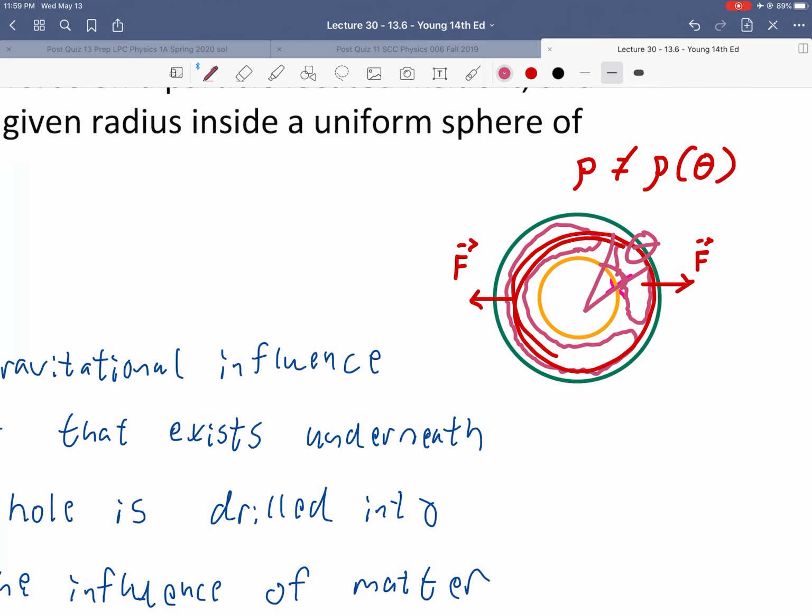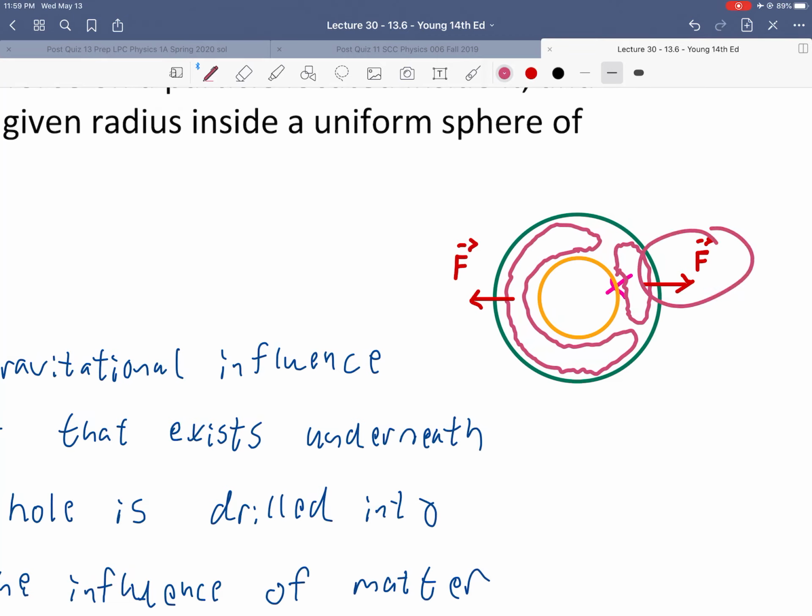Okay? So that cannot happen. We can't, because then of course it wouldn't cancel, because perhaps the denser section is the one that's directly overhead. Thus, this section would be a greater gravitational pull than this section, right? But we need those to be equal and thus cancel out.